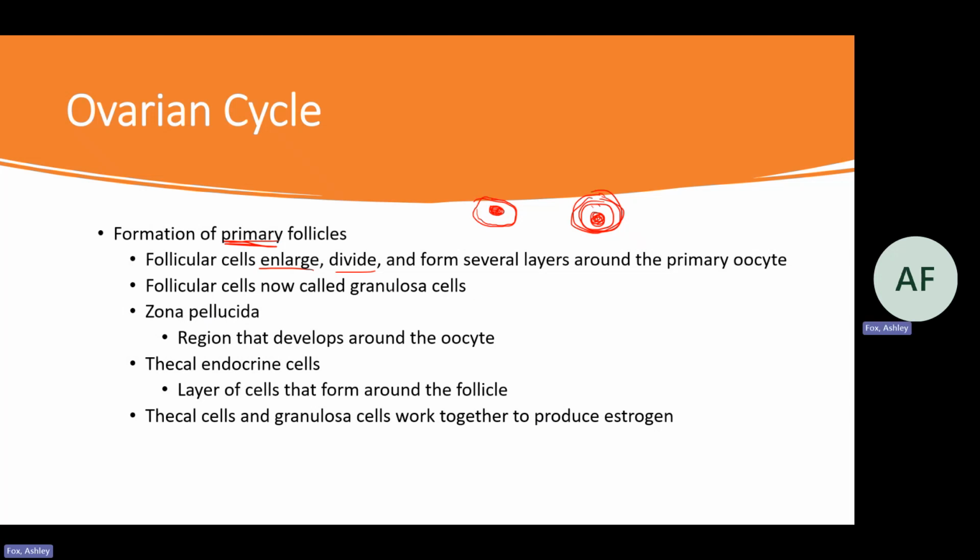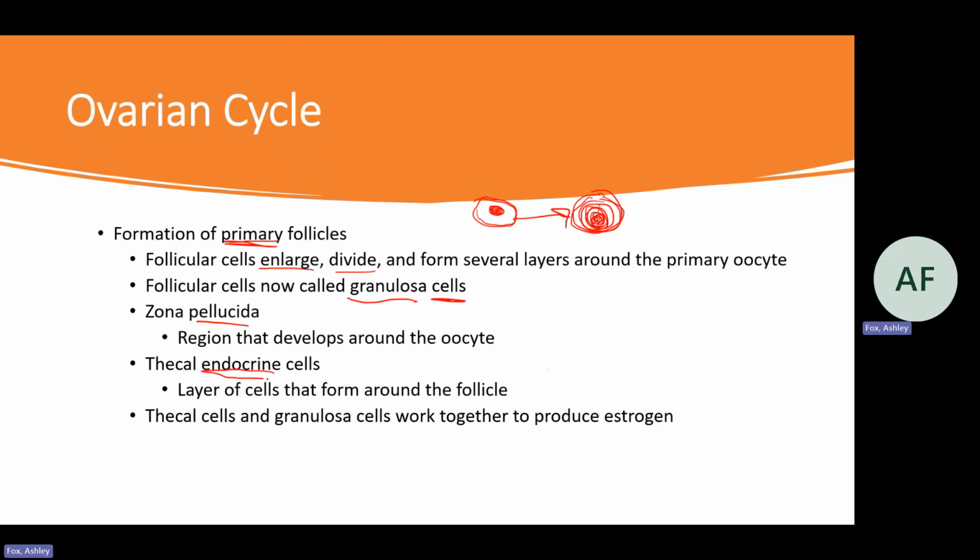The follicular cells surrounding the oocyte are now called granulosa cells. So we've changed from follicular cells to granulosa cells. We also have what we call a zona pellucida, which is around the primary oocyte. We also have thecal endocrine cells.